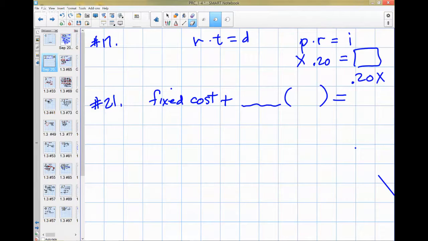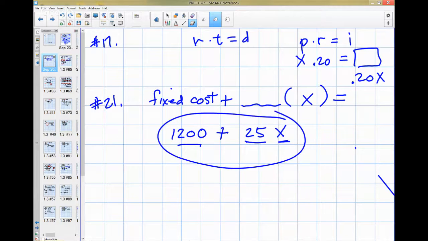In this case, the fixed cost is $1,200, the cost per unit is 25, and we don't know how many units, so we'll say that's X. So fixed cost plus the price per unit times the number of units. This is what they're looking for on number 21.